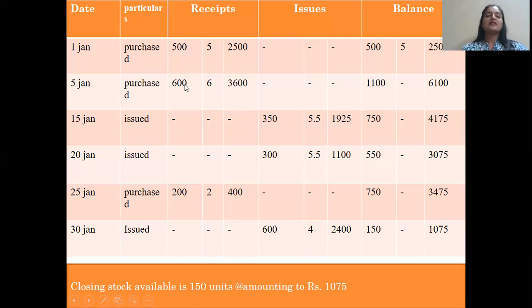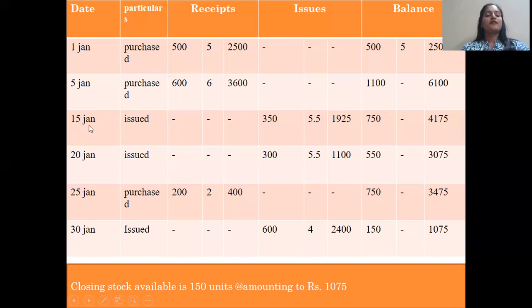500 plus 600, 1,100. 2,500 plus 3,600, 6,100. For the simple average method, we are not calculating the cost price. Whenever we are issuing, at that time, we are going to calculate the issue price with the help of the materials, that is the quantity.